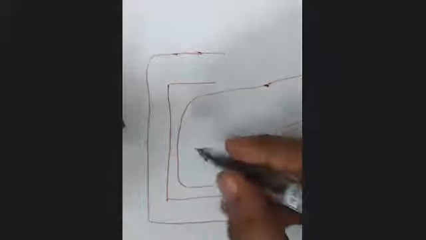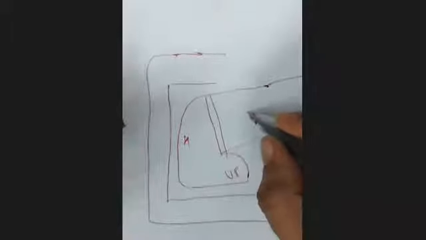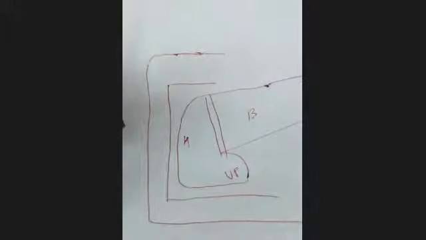So the pancreas will have a head, a neck, an uncinate process, and a body. The tail is not seen here; I'll show you the tail when I zoom in or zoom out.